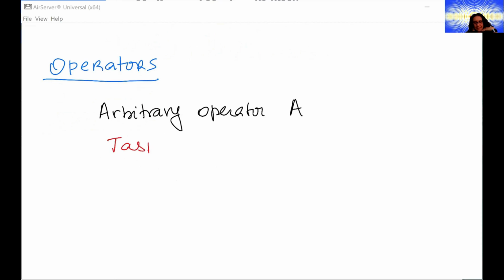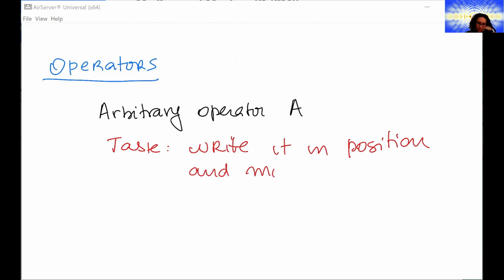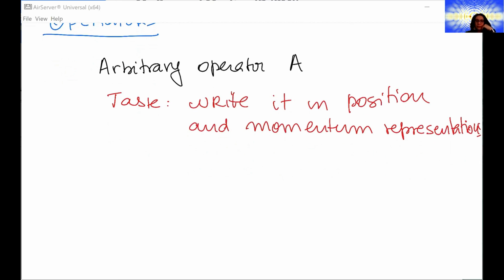So this is our task. Okay, so we have identity operator, A, identity operator.